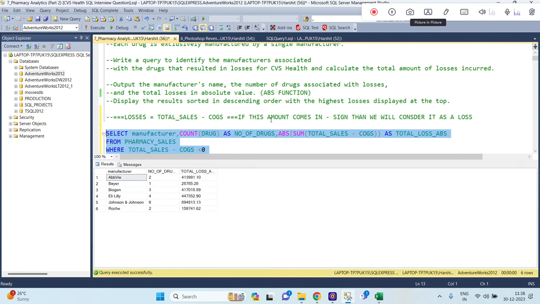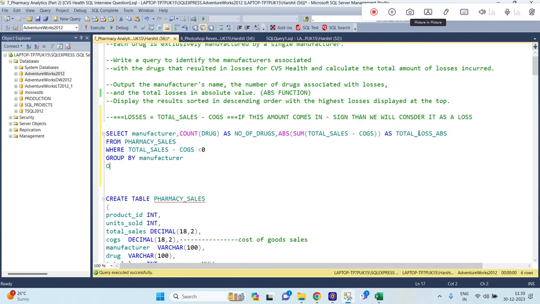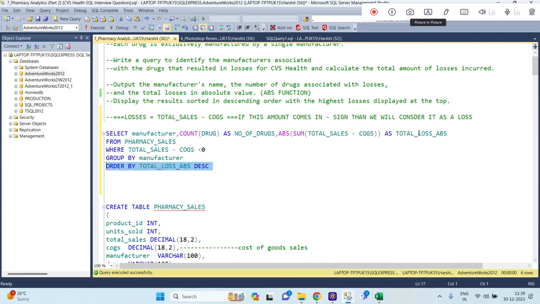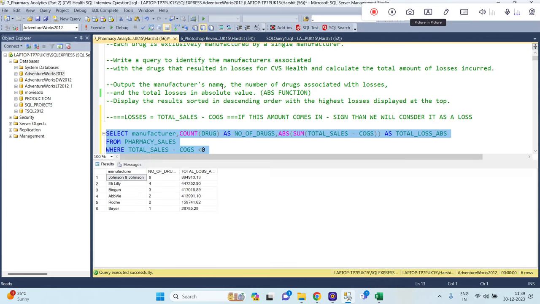Now again one more thing. Display the results sorted in descending order with the highest losses displayed at the top. So this is the highest losses, right? So for that we have to do order by this column and then descending. Now this will be our result set.